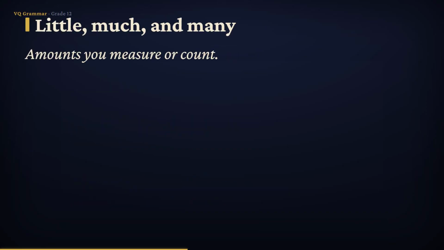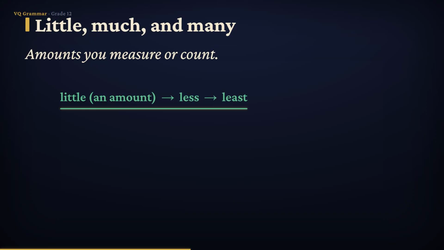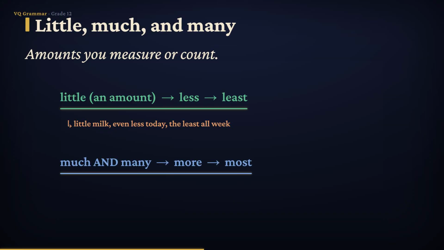2 more worth pinning down, because they're easy to mix up. Little, when it refers to an amount you can't count, how much of something there is, becomes less then least. There's little milk in the fridge, even less than yesterday, the least I've seen all week. Now, much and many both jump to more then most.